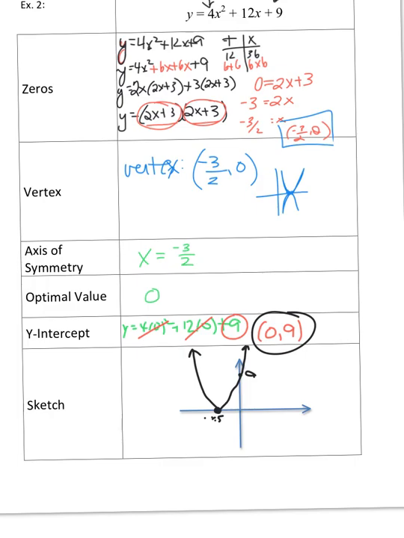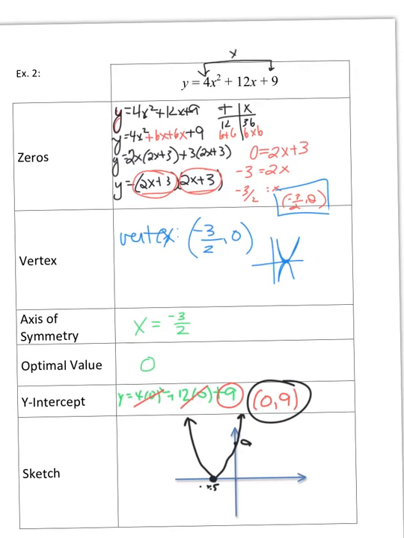If we didn't have our y-intercept, if I didn't ask you for it, we would look up here to our equation if we want to find out what the direction of opening is. So take a look here, direction of opening. We're going to look at the a value, the a right in front. If the a is positive, it's going to open up, and if it's negative, it's going to open down.